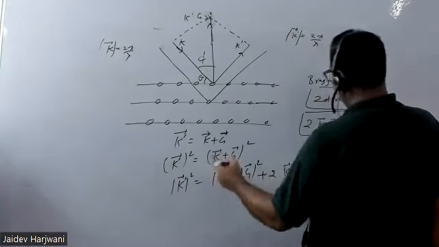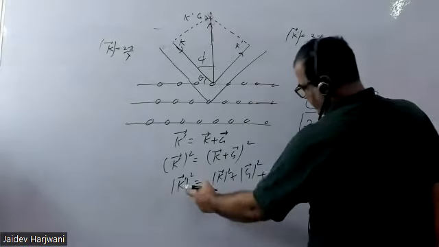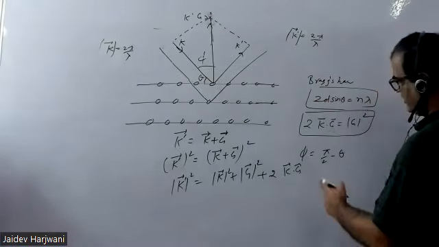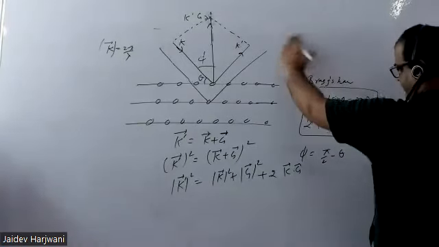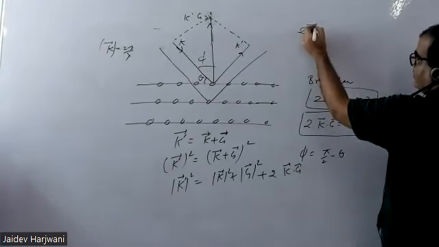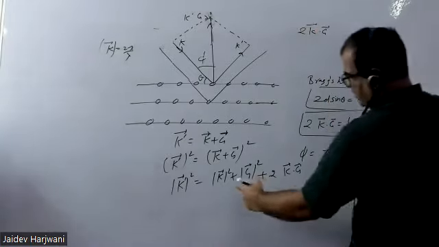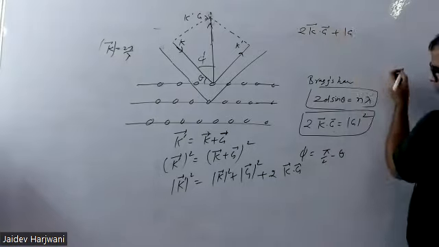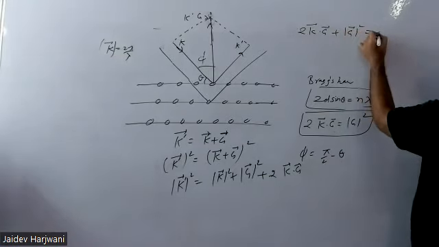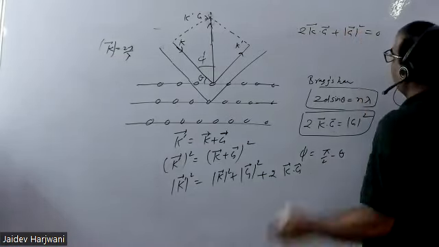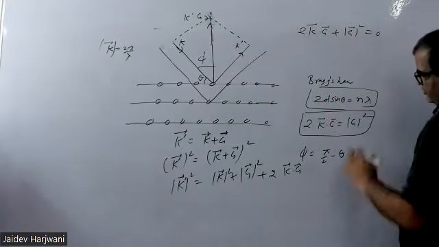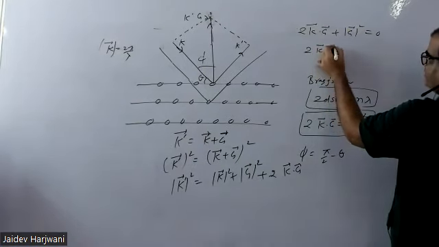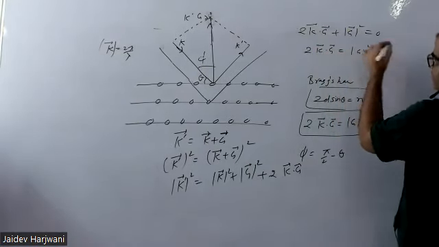Since k dash equals k, the squares cancel, and you end up with 2k.g plus g square equals 0. You can also replace g with minus g, so you can write this expression as 2k.g equals g square.